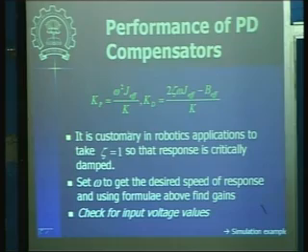Now what you need to do is to select your zeta and omega. See, zeta is, as I said earlier, you have to have a non-oscillatory response. So the best way is to choose zeta equal to 1. Okay, so that is critical damping.